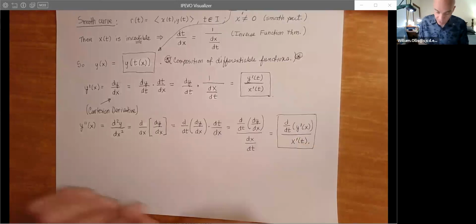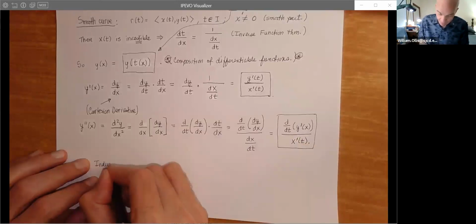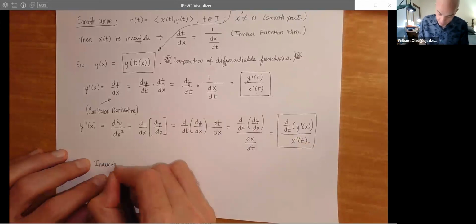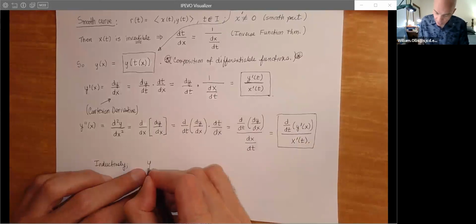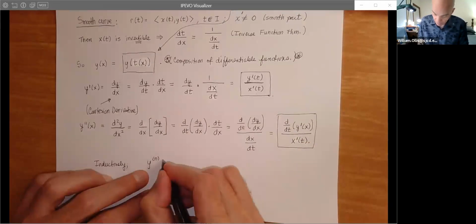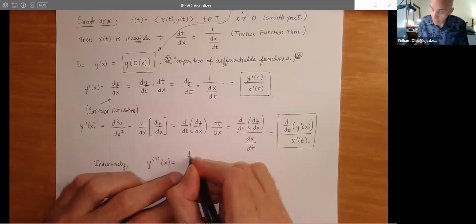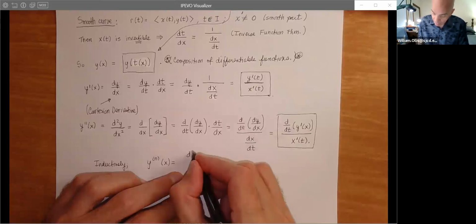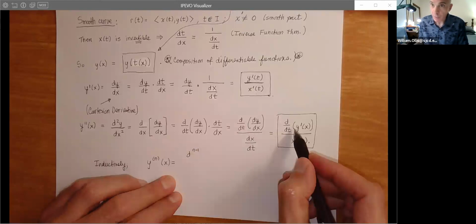So we'll just say inductively, we can write it this way. We can say the nth derivative, like we're doing with Taylor's theorem, will now be, and we'll just cut down by one derivative, n minus 1. So here, for the second derivative, we did the t derivative of the first order.